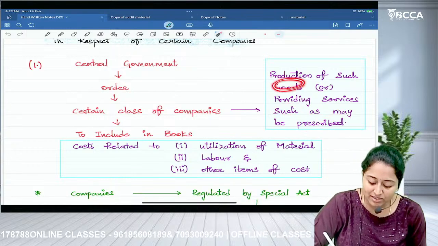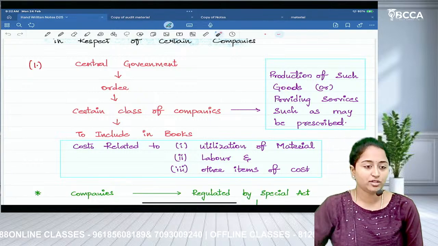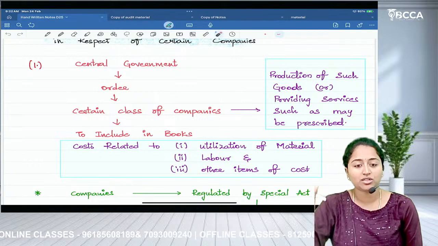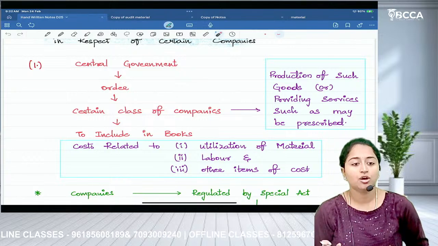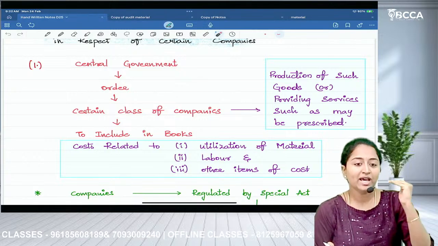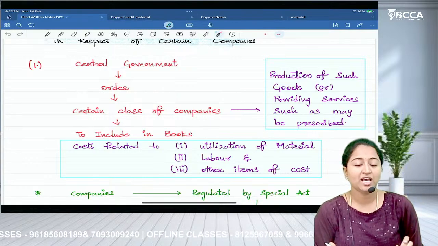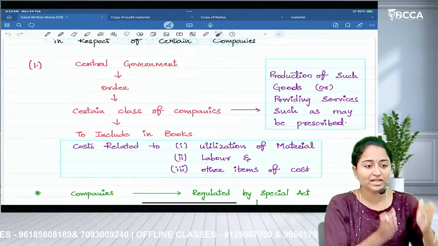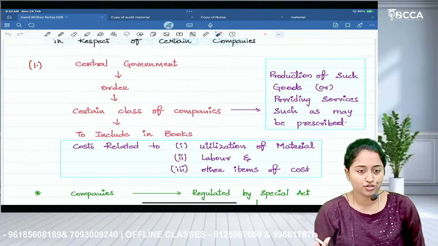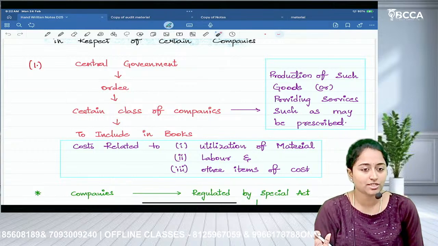We will learn further what these goods and services are. We have a list called the regulated sector and non-regulated sector list. In that they give certain products and certain services. If any product is covered under that list, then they have to go for cost records. If any service is covered under that list, they have to go for cost records and cost audit.